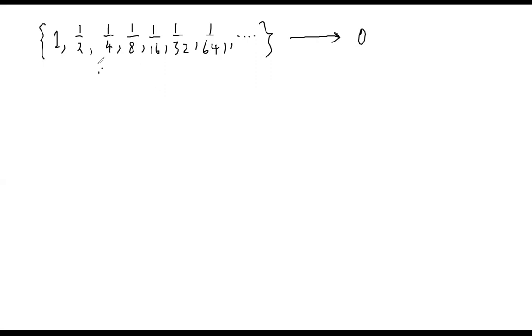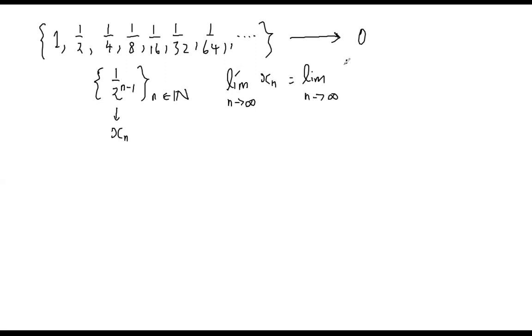So here, this sequence we will represent as 1/2 to the power of n minus 1. This is our xn. So we say that in the limit, this is equal to 0, right?